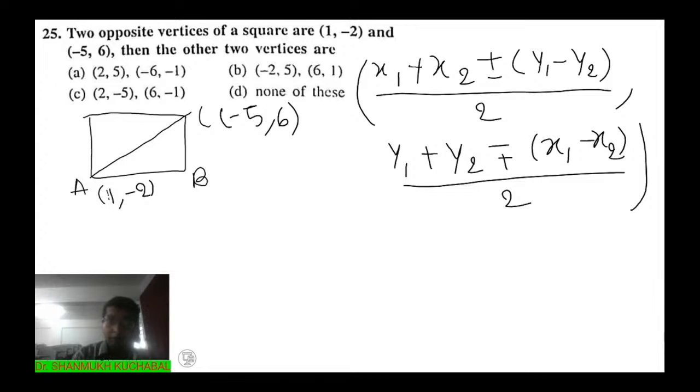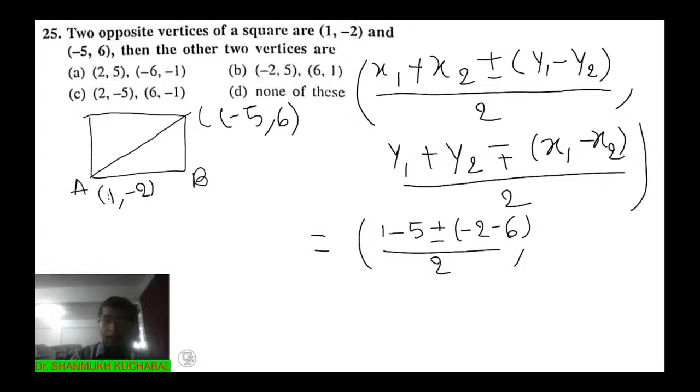If we substitute, we get (1 minus 5 plus or minus (-2 minus 6)) whole divided by 2. One more, (-2 plus 6 minus or plus (1 plus 5)), whole divided by 2.